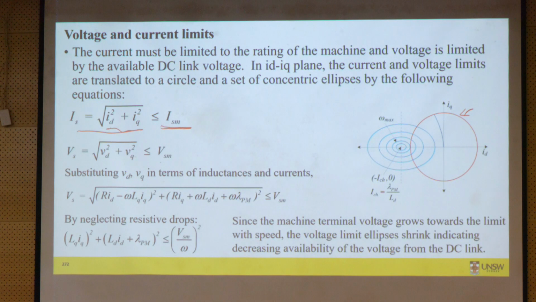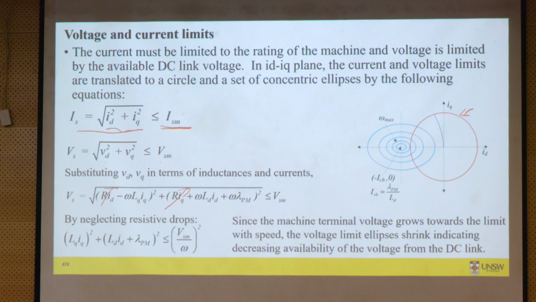Now this Vd and Vq, if we replace them with our Vd and Vq equations, we will get the equations in terms of inductances. And let's just for the time being ignore the resistance drop, Rd and Rq. If I ignore them, I will get a much more simplified equation for the voltage.